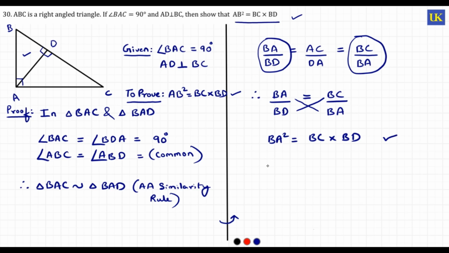Instead of BA, you can just write AB. It is one and the same, guys. That is not a problem. So BC into BD. So this is our final answer. So we have proved what they have asked us to prove. So this completes this question.